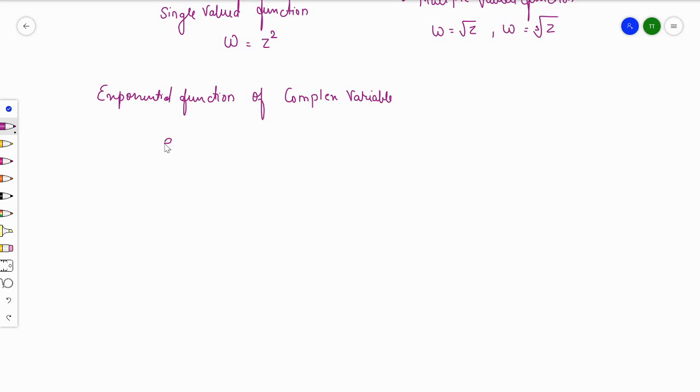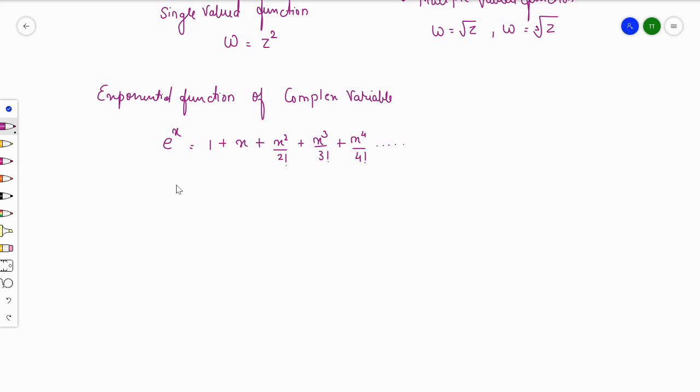So when x is a real number, we can write e raised to power x, which is equal to 1 plus x plus x square upon factorial 2 plus x cube upon factorial 3 plus x raised to power 4 upon factorial 4, and so on.